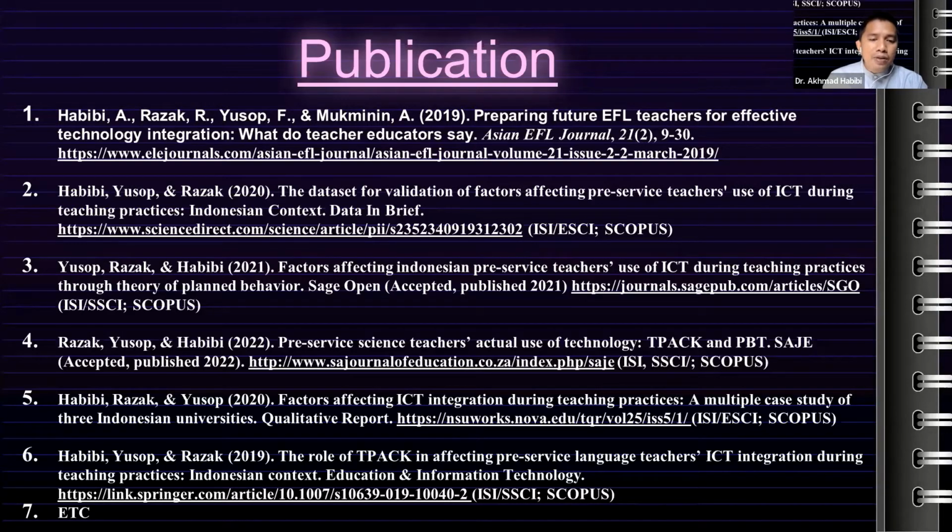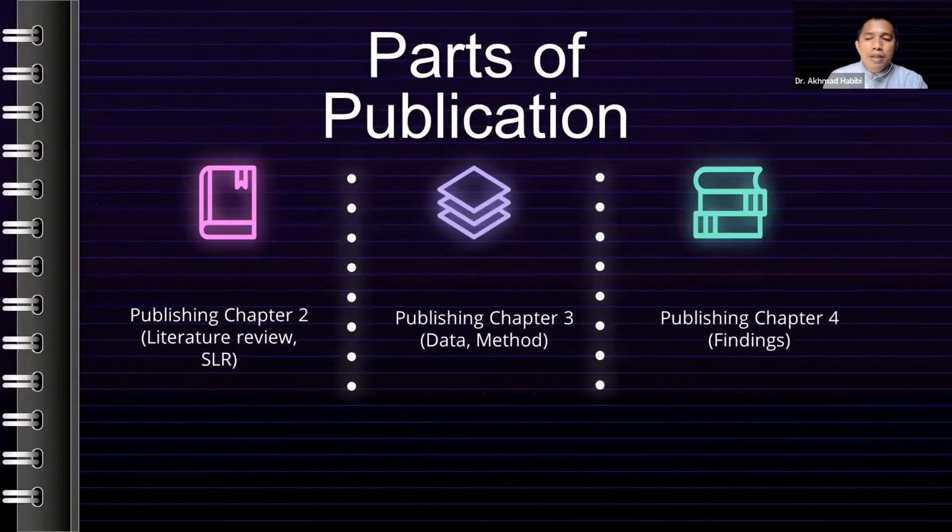So now let me jump to the main focus of my discussion. This is the part on publications that I would like to share with you. In brief, we can publish chapter 2, chapter 3, and chapter 4.